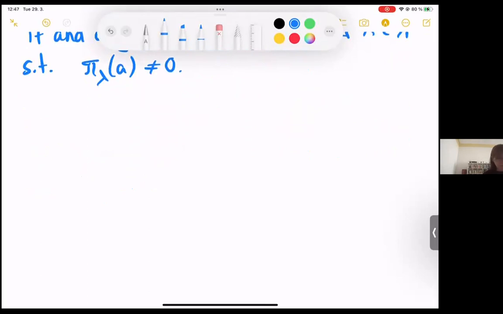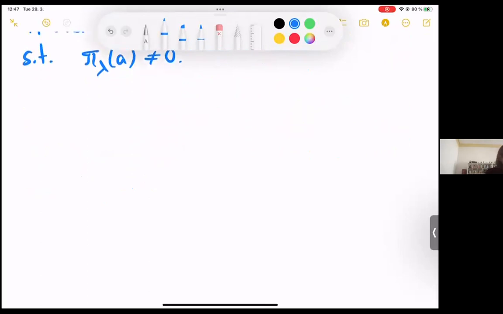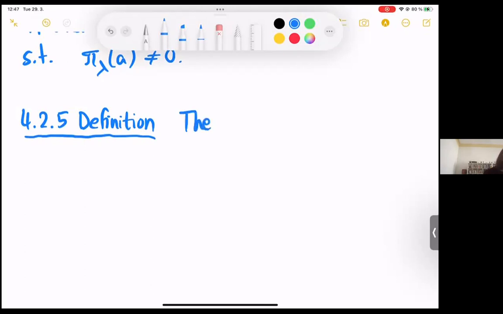And from this, we're able to define what's called the universal representation. And this will be the direct sum of all GNS representations of all states.